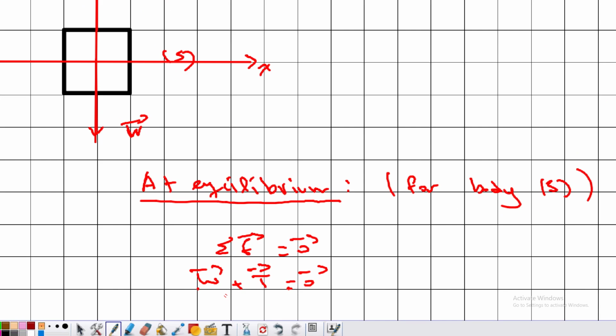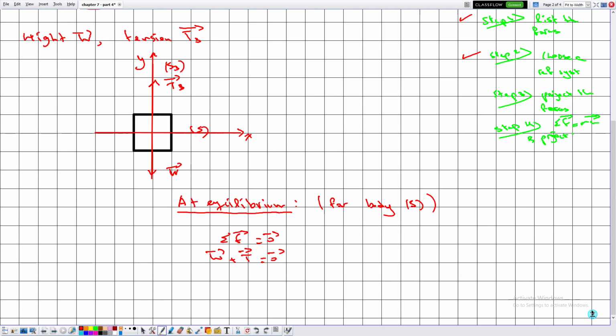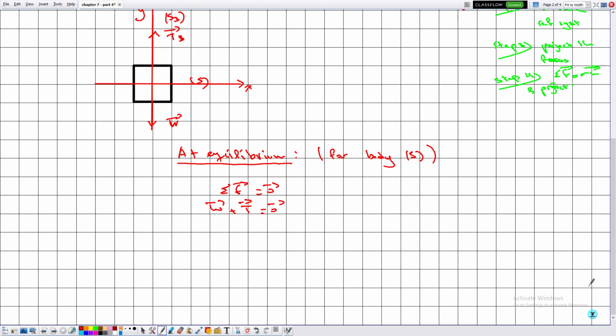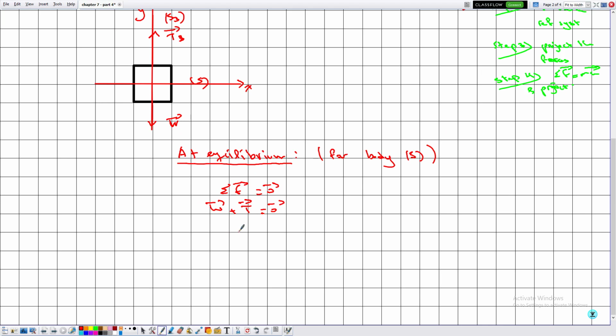This equation only consists of 2 vectors, so no need to deal with it using projection. Whenever the vectorial equation consists of 2 vectors, we can directly solve it. So moving T to the right hand side, it will gain a minus sign, then W is equal to minus T vector.